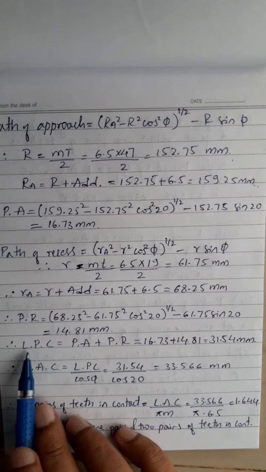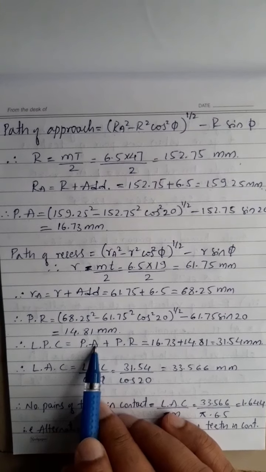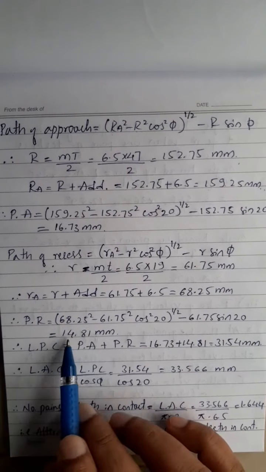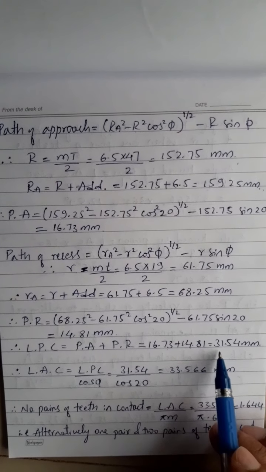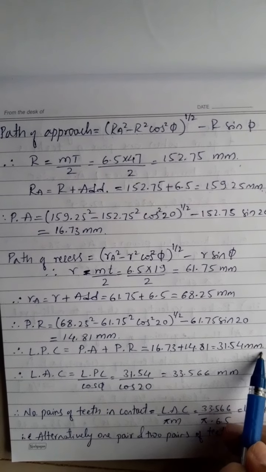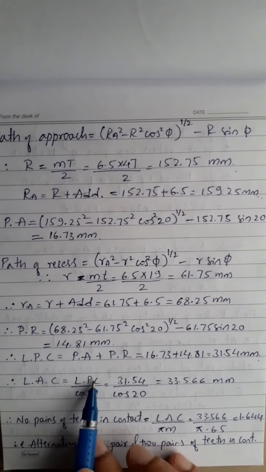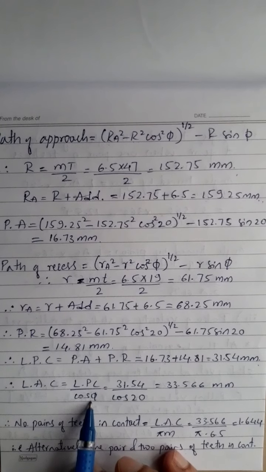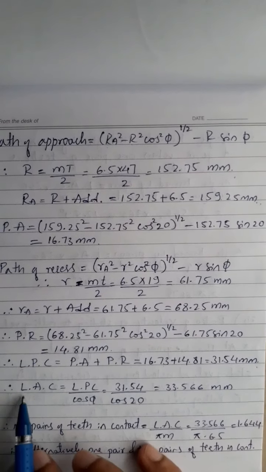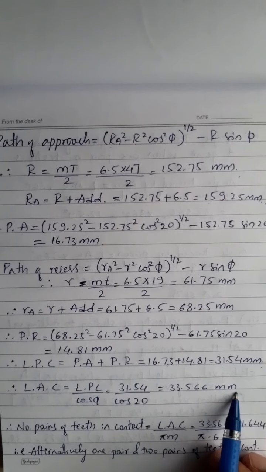Therefore we can write the length of path of contact is equal to the path of approach, here we have 16.73 mm, plus the path of recess, 14.81. So the length of path of contact is 31.54 millimeter. Therefore we can find the length of arc of contact, which is the length of path of contact divided by cos phi. So it is 31.54 divided by cos 20, and we get the length of arc of contact as 33.566 millimeter.